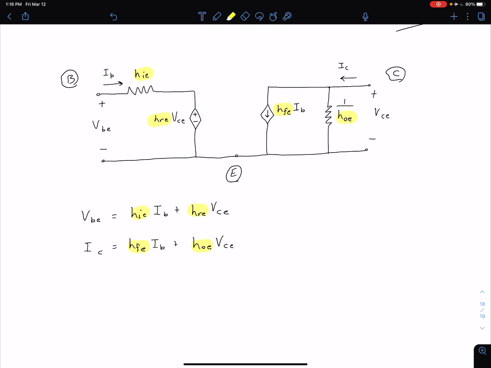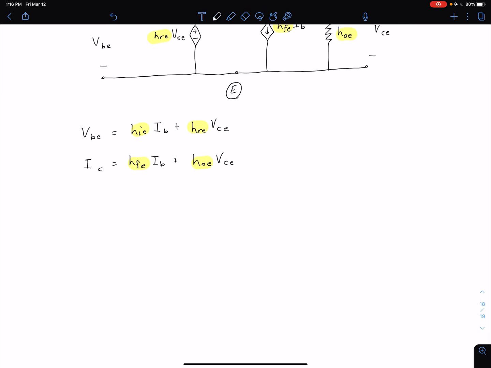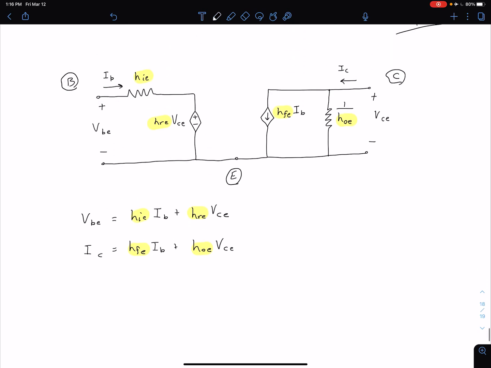We can relate these back to our hybrid pi parameters as well. Our HIE is this series resistance over here at the input to our base terminal.